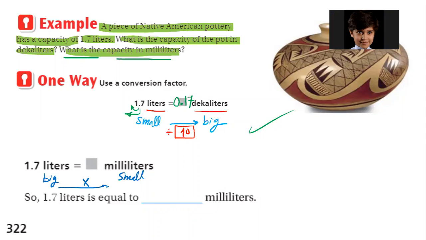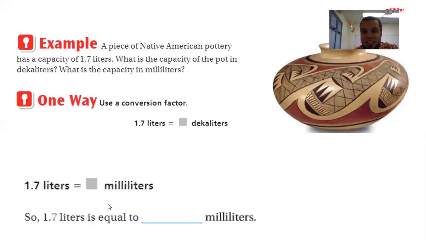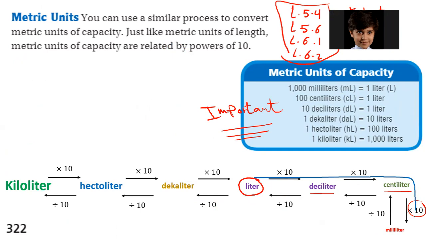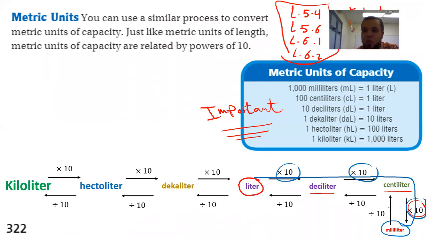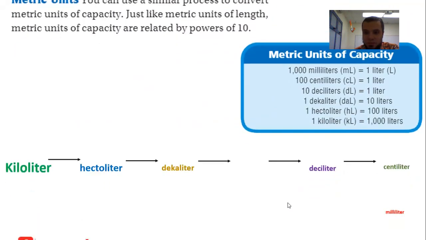By 10,000? Are you sure? Liters to milliliters? From liters to what? No, 1,000, by mistake. Yes, 10 and 10 and 10, so 1,000.